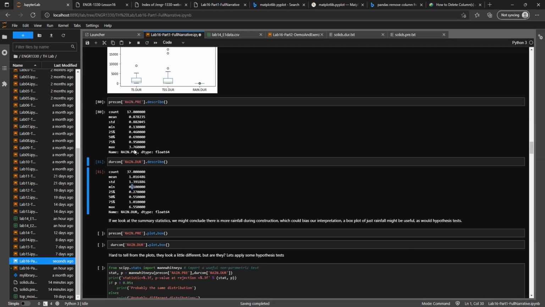Let's look at our percentile, because just because one maximum is an outlier doesn't mean necessarily that two data sets are too dissimilar. But we can look at the quartiles and see how close those are.